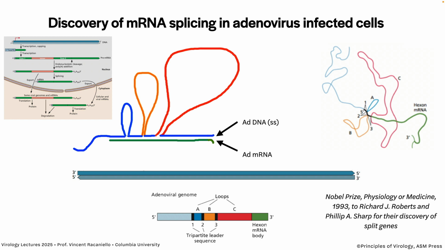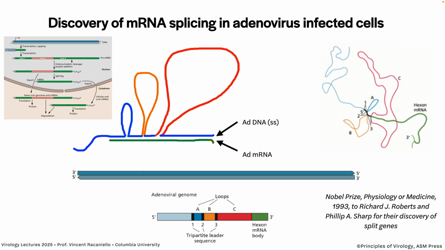Here it's drawn so it's simplified. These bits of DNA, 1, 2, 3, are not present in the message. They're cut out by splicing. And so here's what the primary transcript looks like. There are intervening sequences, blue, orange, and red, that correspond to these loops. These are removed.